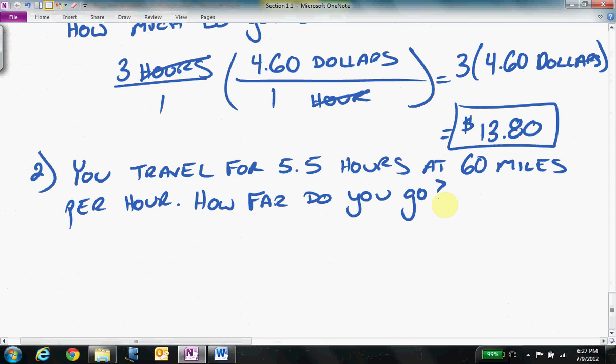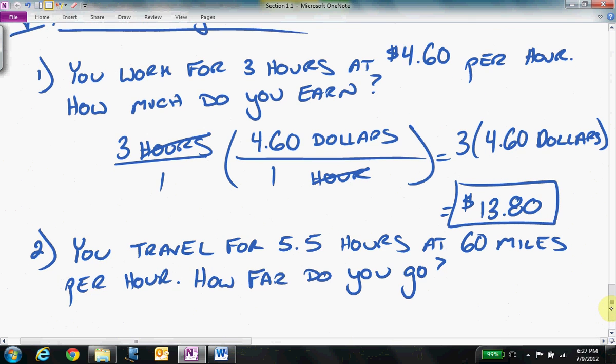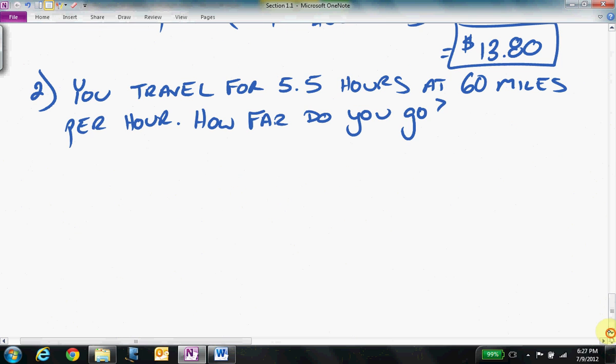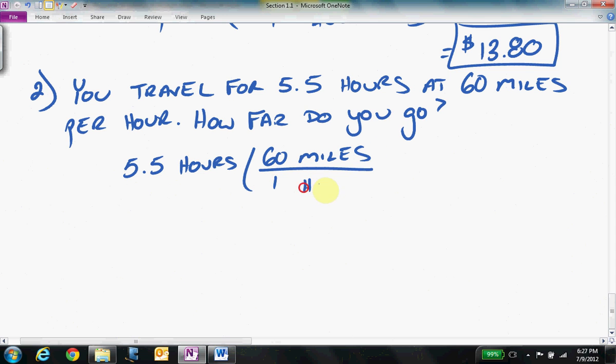So we want to set it up. And it's set up the exact same way as problem 1. So we've got 5.5 hours. We're going to multiply that by 60 miles over 1 hour. And when we're doing this unit analysis, if you're not setting up the problem where you have the units in the numerator and the denominator that are the same, you know you're doing something wrong.